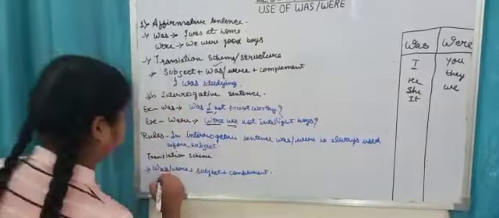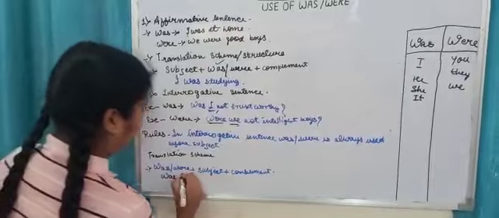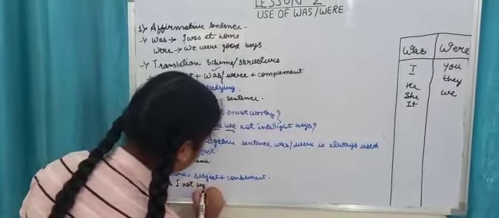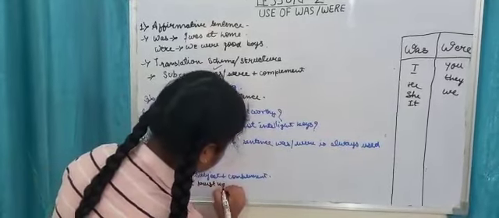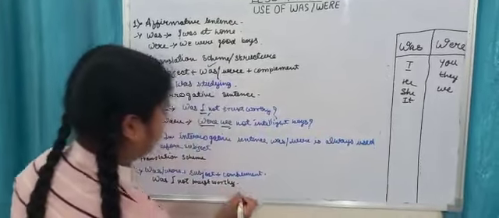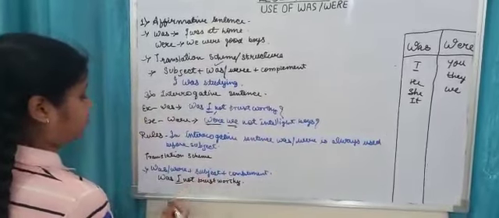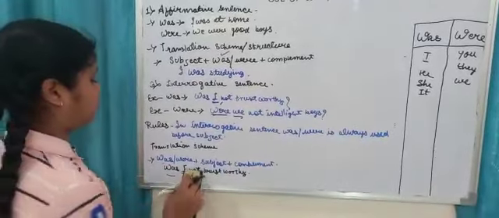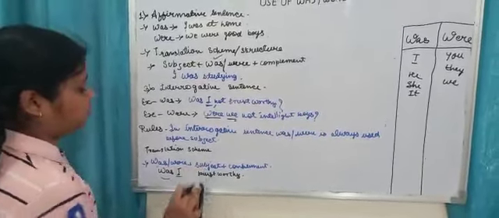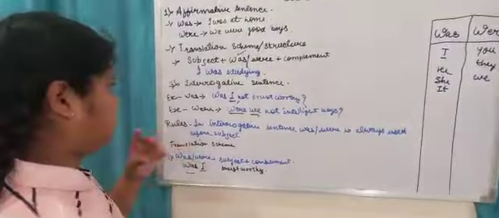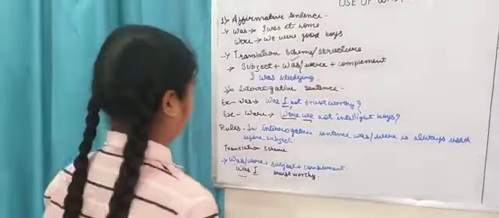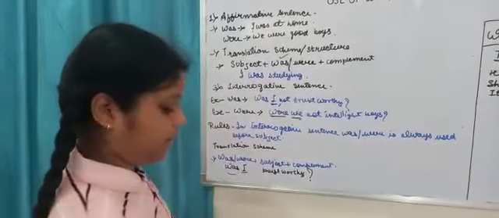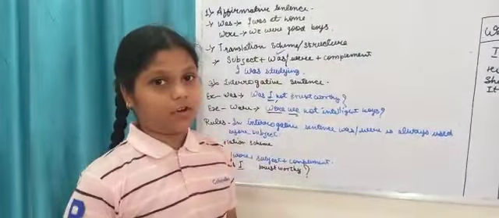For example, was I not trustworthy? Trustworthy is the complement, I is the subject, and was or were comes first. We can remove not or include not; that's up to us, because we are not studying negative interrogative, just interrogative. So: was I trustworthy?